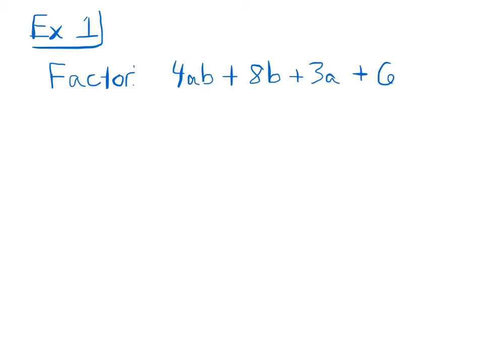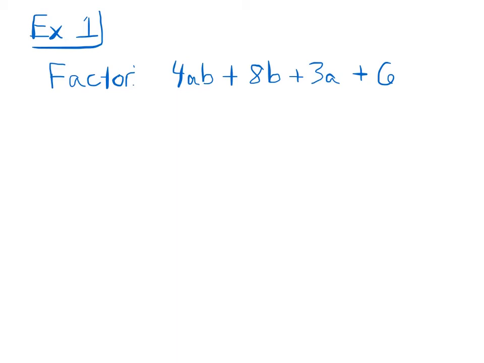Okay, so here's the problem. The first thing that you should always do with these is look and see if there is a GCF of the entire thing. So if we look at 4, 8, 3, and 6, is there a greatest common factor of all 4 of those numbers? And the answer is no. I mean, if you look at 3, okay, 3 is a prime number.